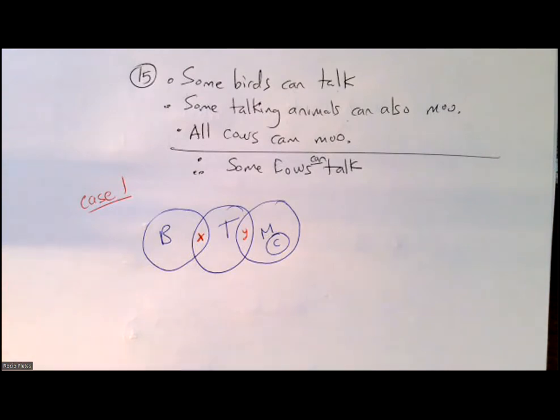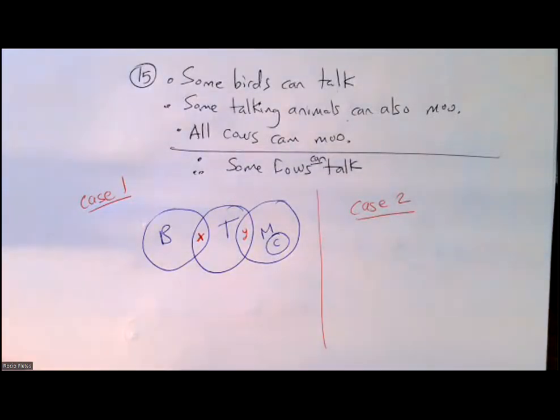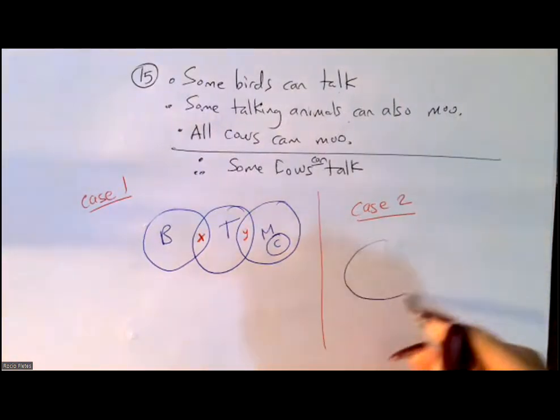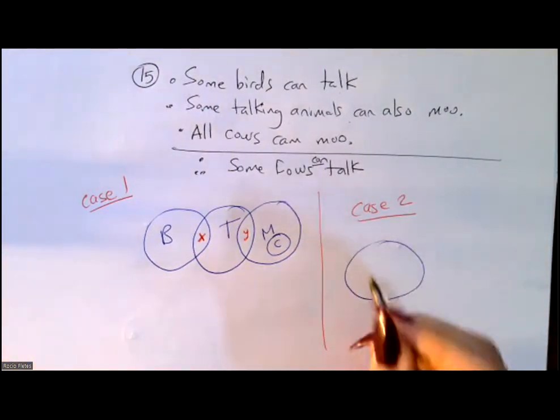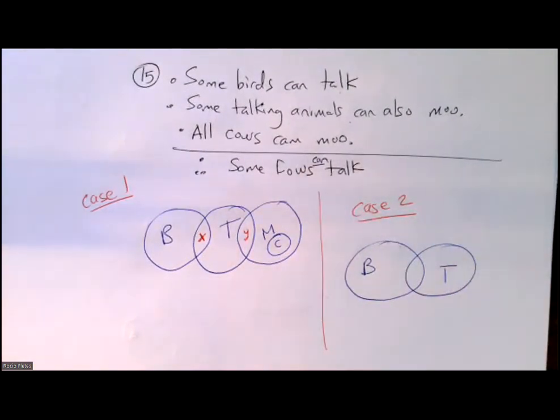Now let's see if I can build more cases. Another case, based on the premises that we know: we start with the birds, some birds can talk, like this. And then some talking animals can also move, so you can have an overlap between the three, right?